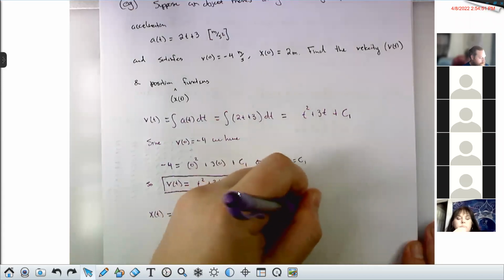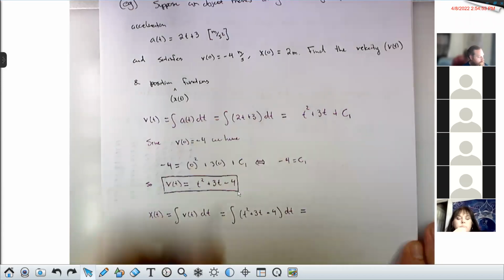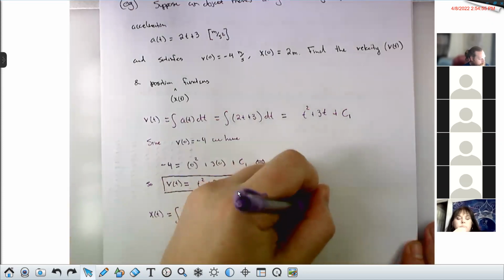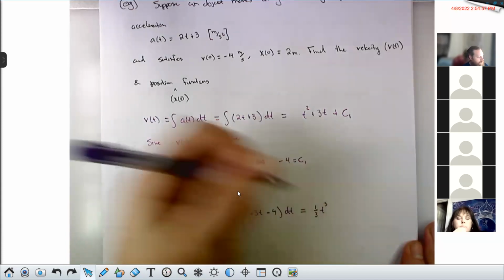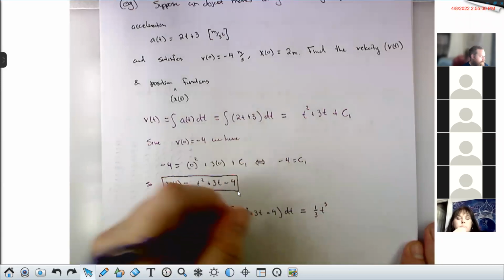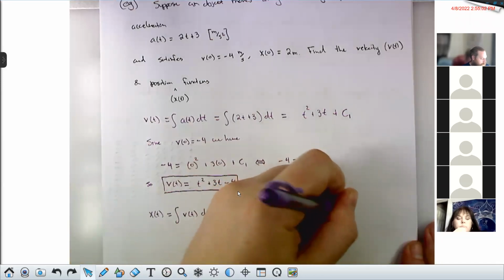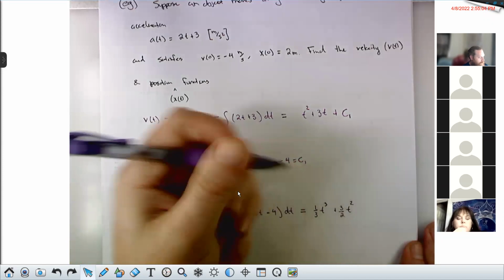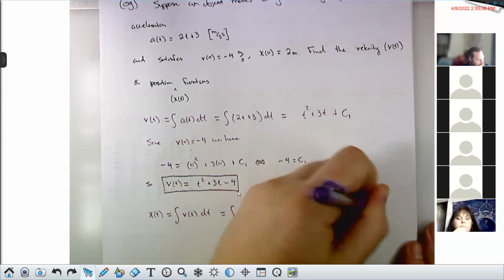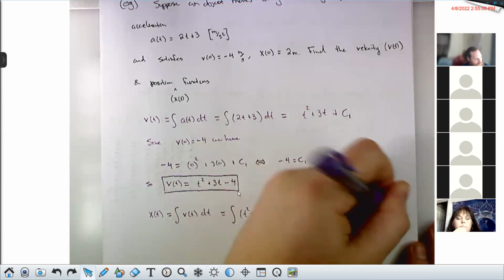Again, power rule antiderivative here, we'd get 1/3 t cubed plus 3/2 t squared minus 4t, plus C2.